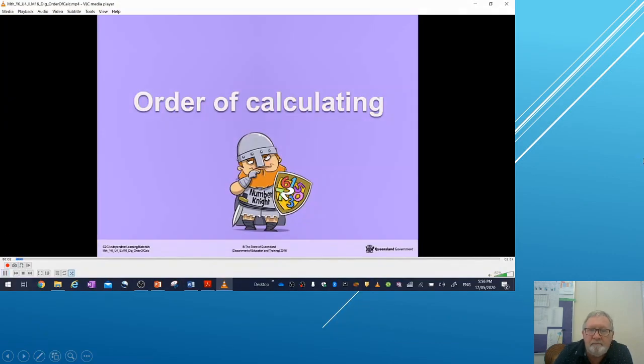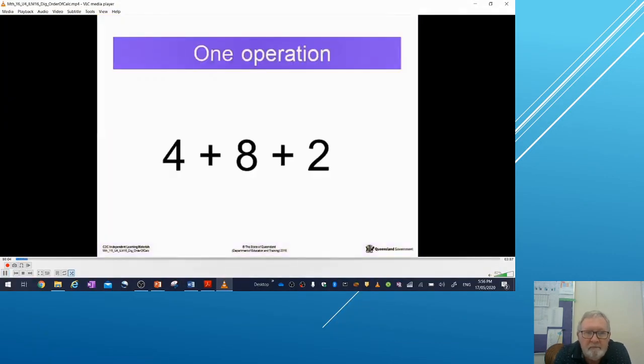Order of calculating. So far, we have looked at expressions that repeat one operation multiple times, such as 4 plus 8 plus 2. We have recognized that when working with multiplication and addition, it doesn't matter in which order the operations are calculated.